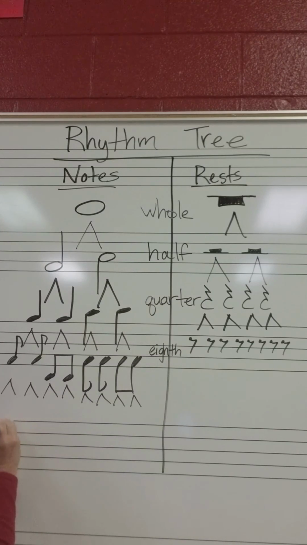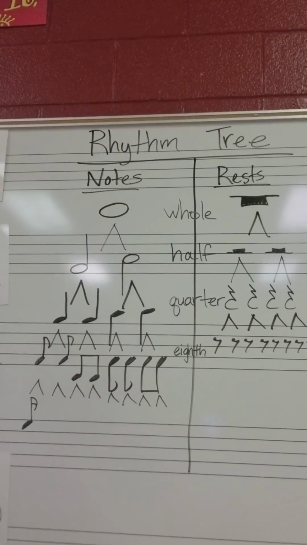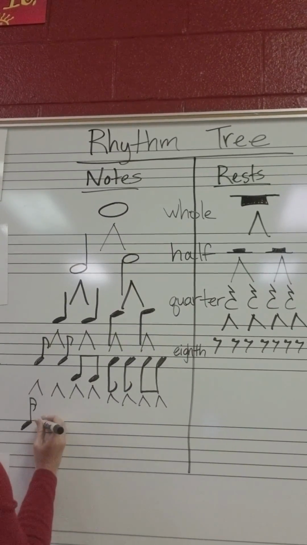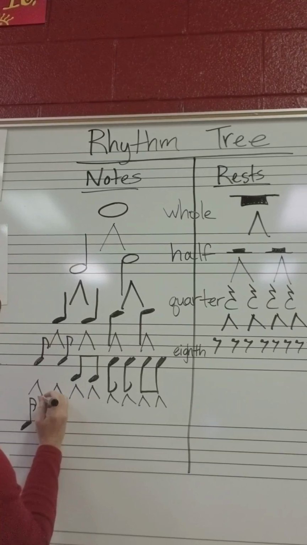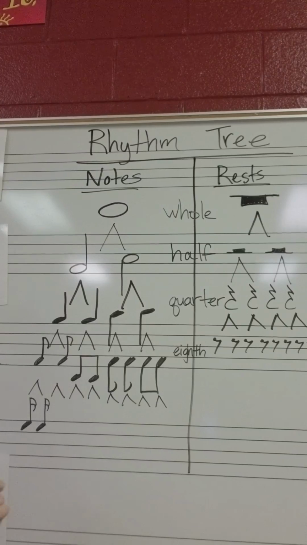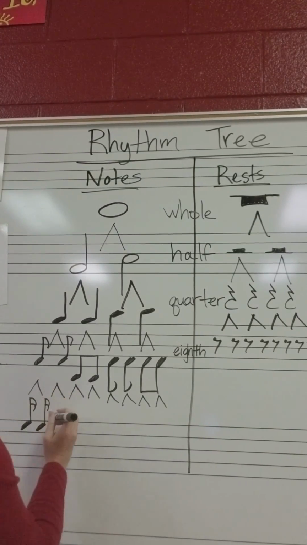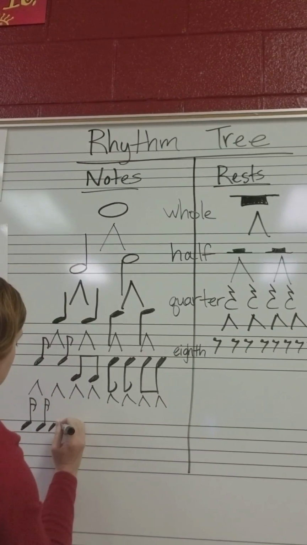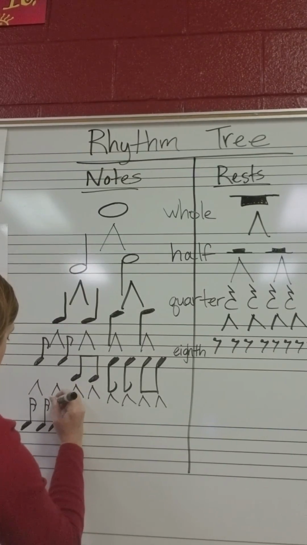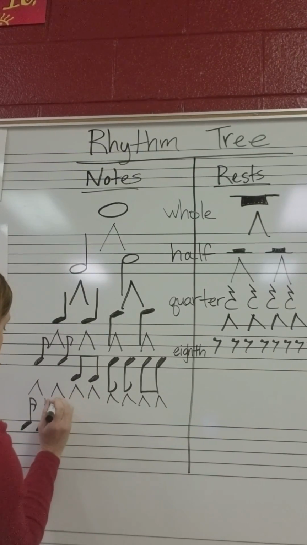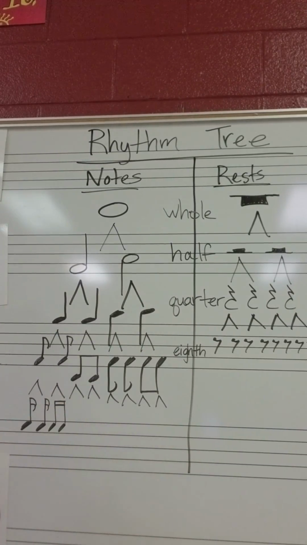So for our single 16ths, you're going to draw the note head, draw the stem, and a double flag, just like that. Let me turn this so you can see a little bit. Note head, stem going up, 2 flags to make it a 16th. If you're going to connect them, you're going to do it like this. Stems, and then you've got a double beam.